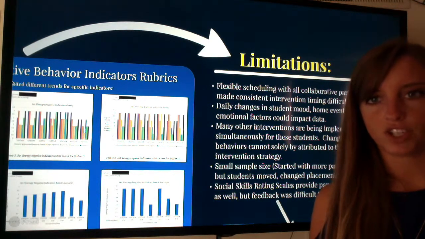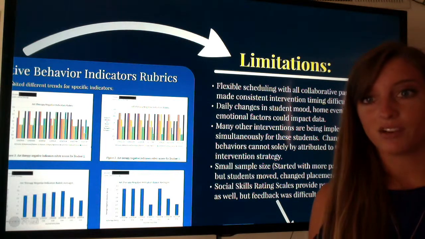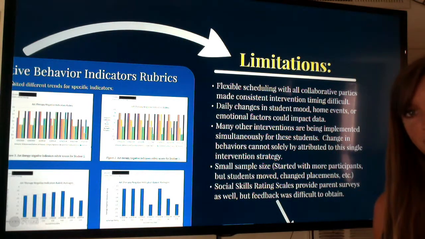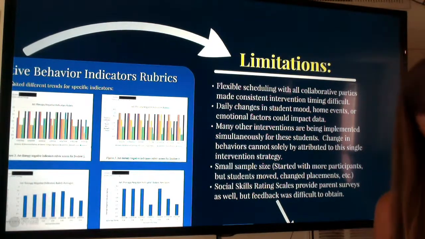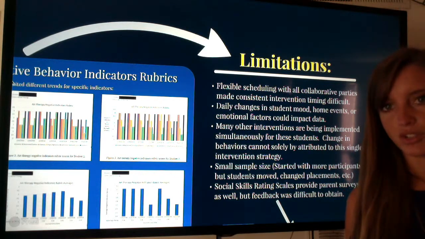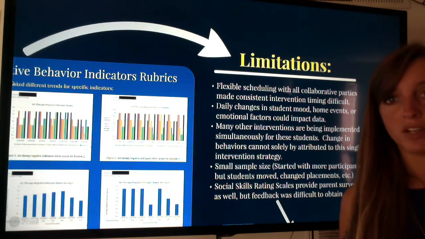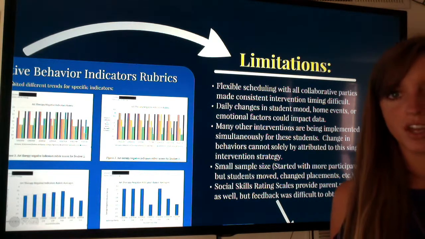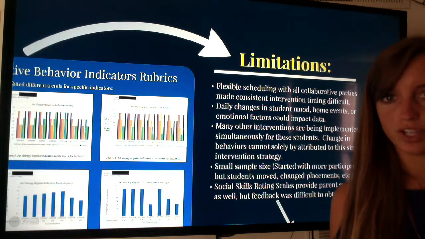Those can change on a day-to-day basis, with outside factors being variables there. And then many other interventions were being implemented simultaneously for each of these 3 students, so change in their behaviors can't solely be attributed to this single intervention strategy. The data could be a reflection of a combination of all of the strategies that are being used to target those behaviors for those students.